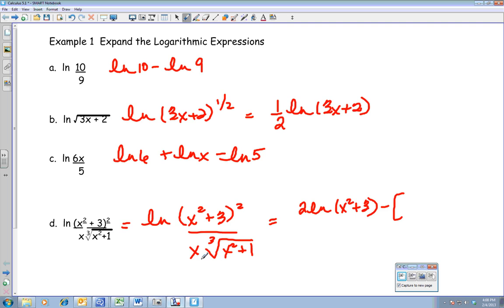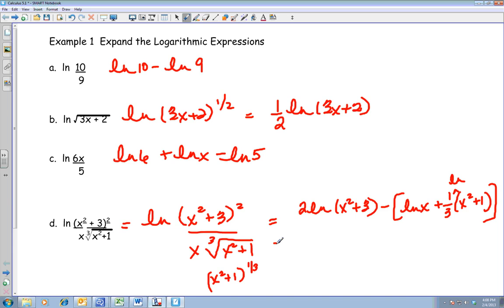This x right here, I can just say natural log of x, plus, because it's x times this, and this is actually x squared plus 1 to the 1/3 power, because the cubed root is the same thing as 1/3. So I'm going to bring that 1/3 down, and I need a natural log in there. That goes right there, x squared plus 1.